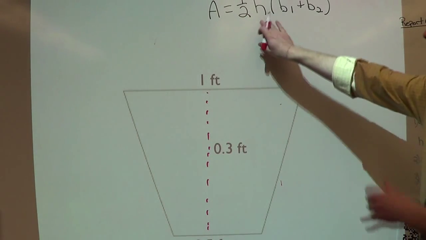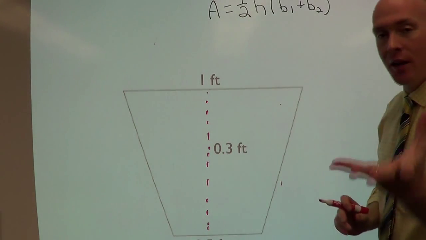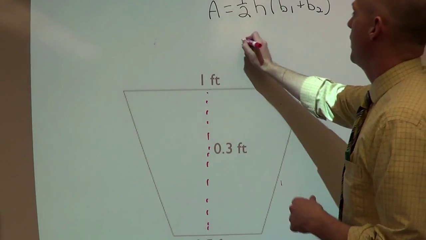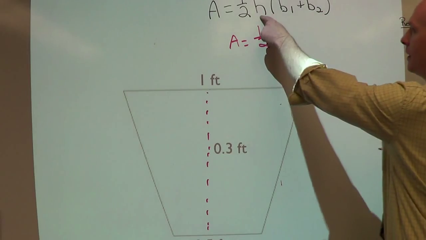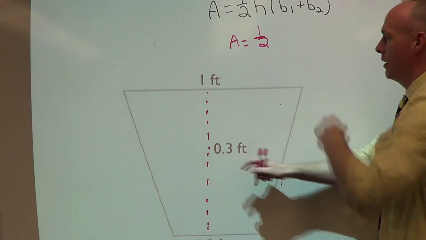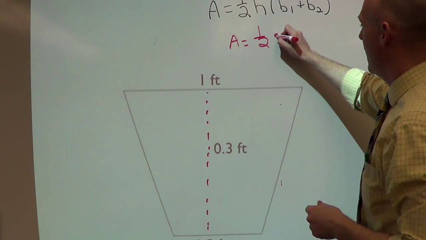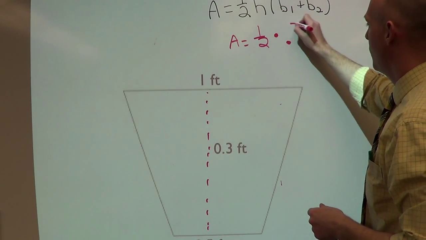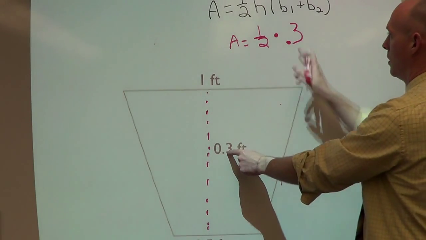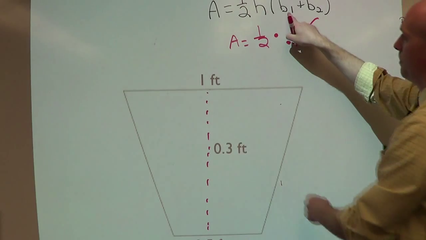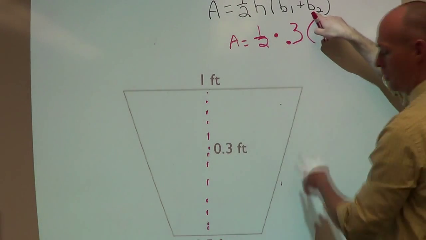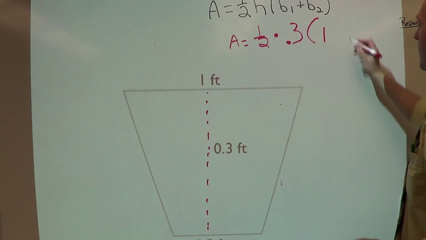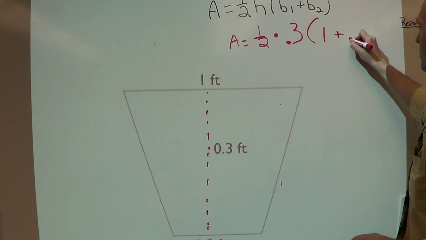So, using our formula, we're just going to plug the numbers back in. So, area equals 1/2 h. There it is. 1/2 times 0.3 in parentheses B1 plus B2, which is 1 plus 0.5.